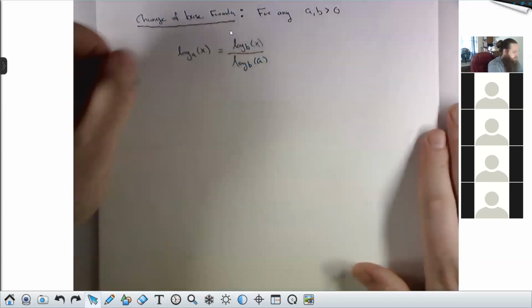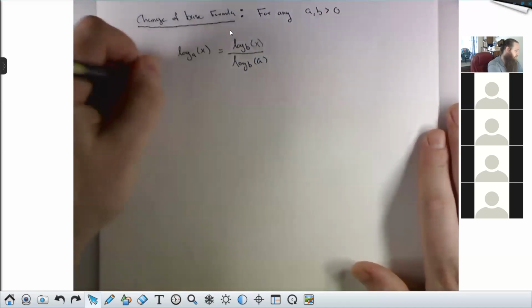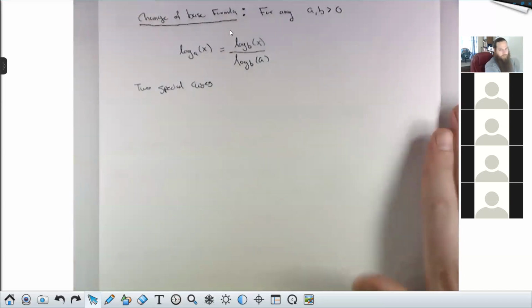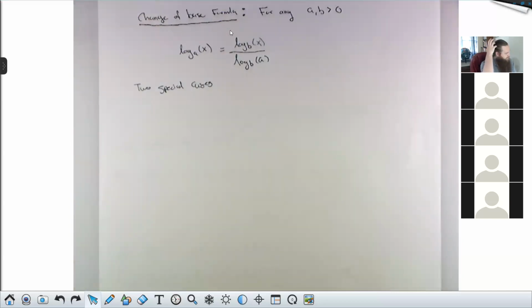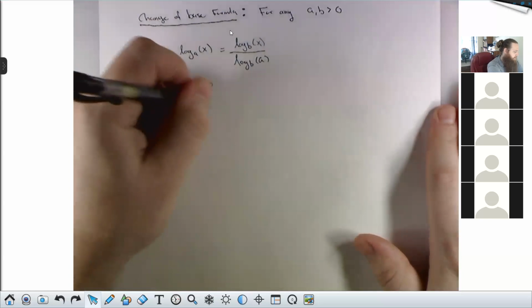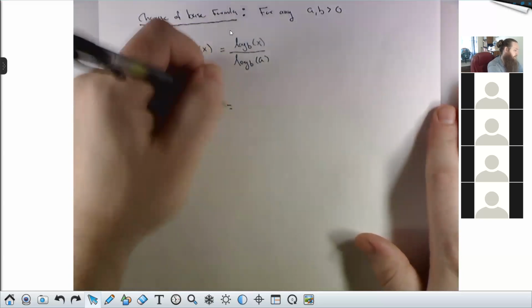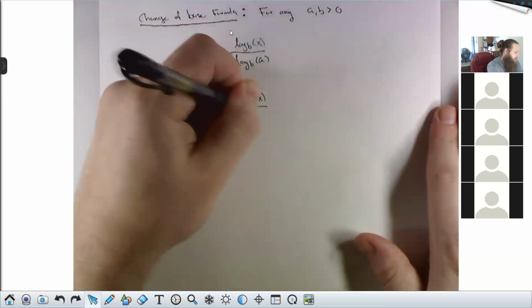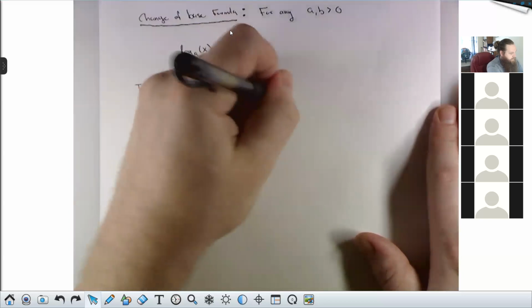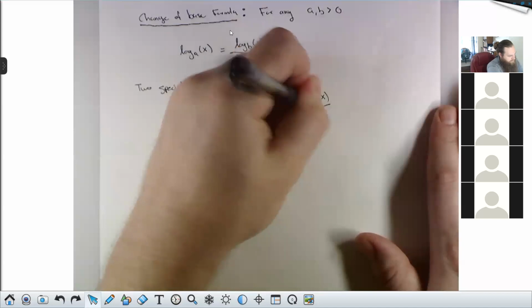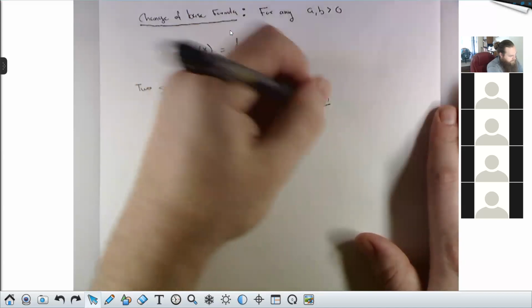Two special cases. If you look at your calculators, they probably have LOG buttons and they have LN buttons. So if you're given some other base logarithm of something, and you want to put that into your calculator, that's the same as the ln of that thing divided by the ln of that old base. Or if you want to use the log, the base 10 log, that's the log of that thing divided by the log of that old base.